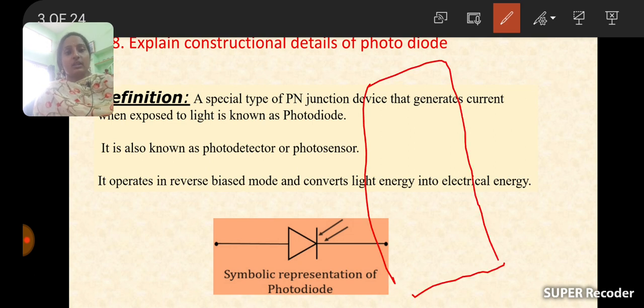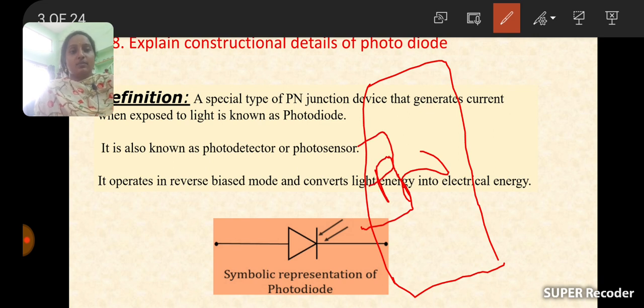So this is an n-type silicon bar into which one p-type semiconductor bar is diffused, and this p-type semiconductor bar is heavily doped.